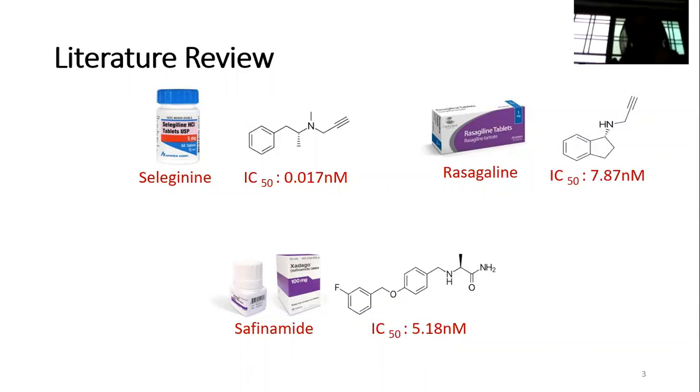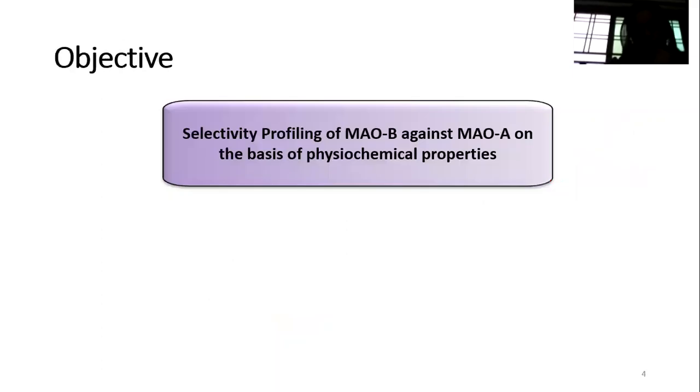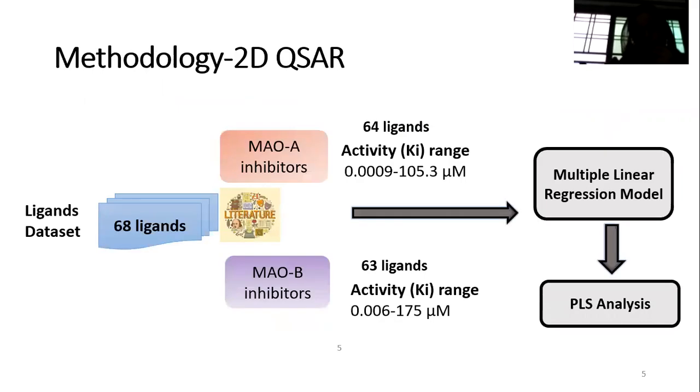Moreover, safinamide was a reversible inhibitor, but it had certain side effects associated with it, such as retinal impairment and hepatotoxicity. Therefore, there is still a need to design selective and more appropriate drugs for the treatment of Parkinson's disease based on MAO-B.